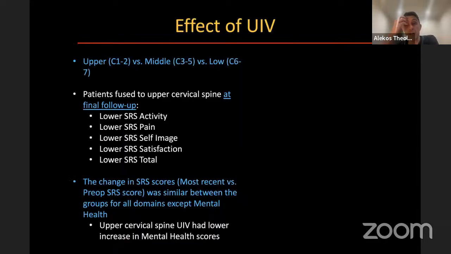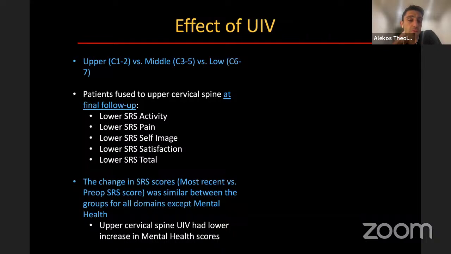Now there was a sub-analysis looking at the effect of UIV. So upper cervical spine UIV, C1 or C2, versus those who had subaxial C3 to 5 or low subaxial C6 or C7. And interestingly, the patients fused to the upper cervical spine, so C1 or C2, at final follow-up compared to the other two groups had lower SRS scores in all domains.